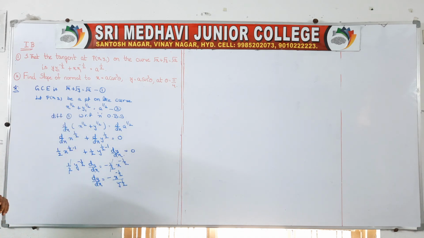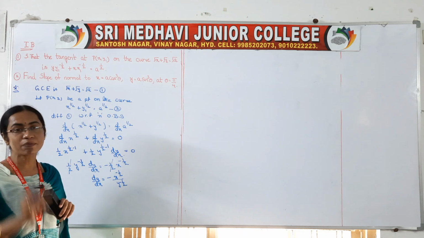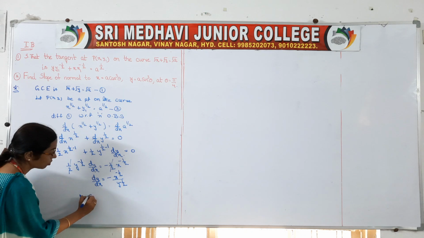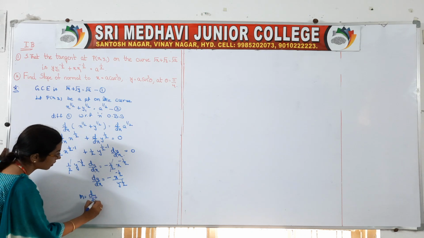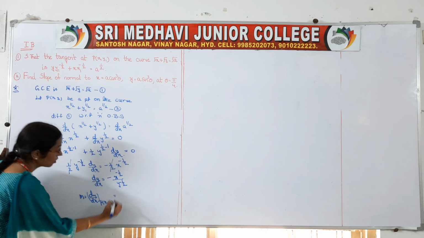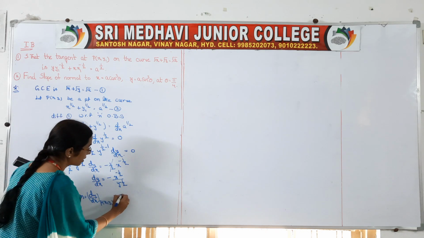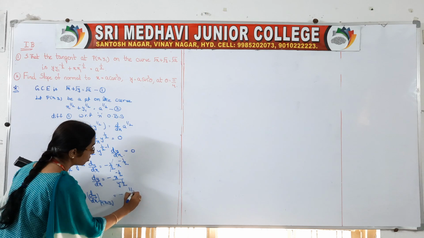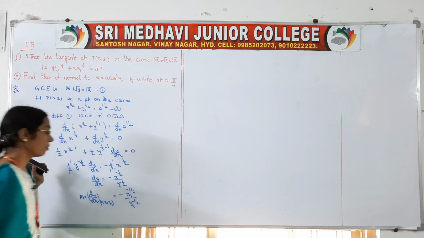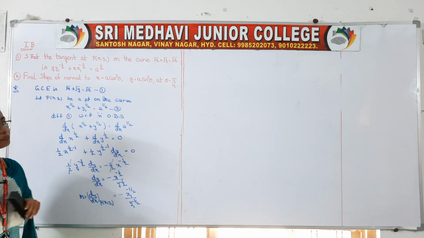We want to find the slope at x1 y1. So m is equal to dy by dx at the point x1 y1, which is minus x1 to the power of minus 1 by 2 over y1 to the power of minus 1 by 2.